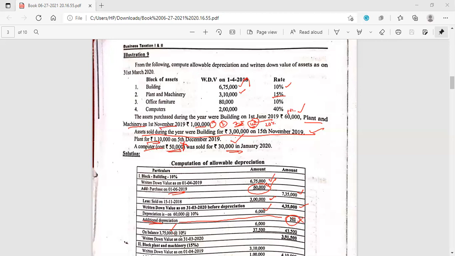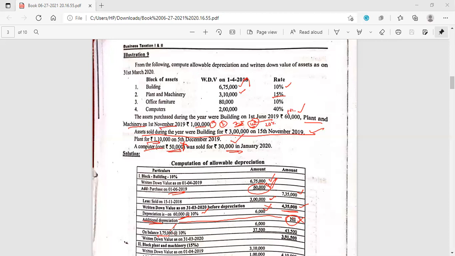Fine. On balance, if we deduct 60,000, the value of additions made during the year, from the 4,35,000, on which we have already seen the calculation, we'll be getting 3,75,000.